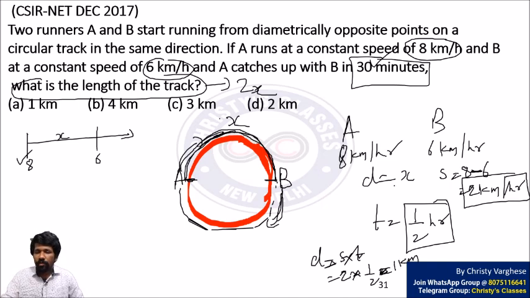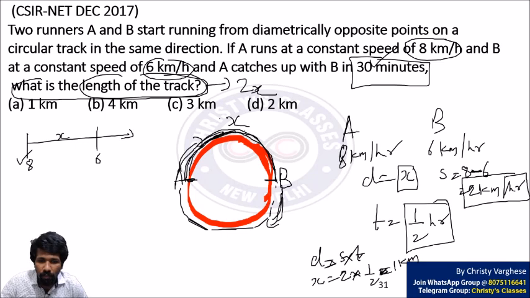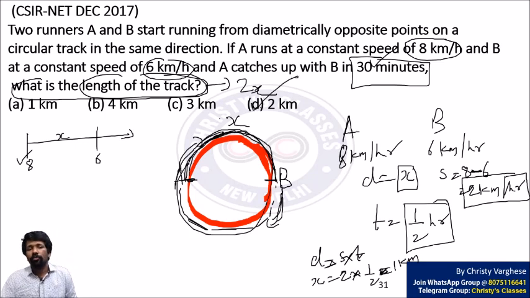What is this 1 km? Distance is our x. X is 1 km. X is half of the circle. So the length of the track is not x. Length of the track is full circle. That means 2x. So the length of the track will be 1 km plus one more 1 km. 2 km is the answer. Option D, 2 km. I think that is also clear.